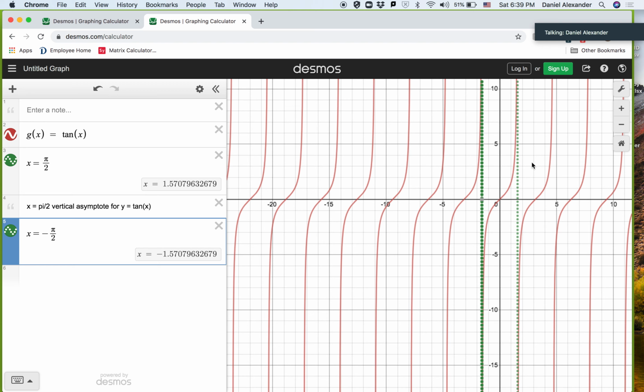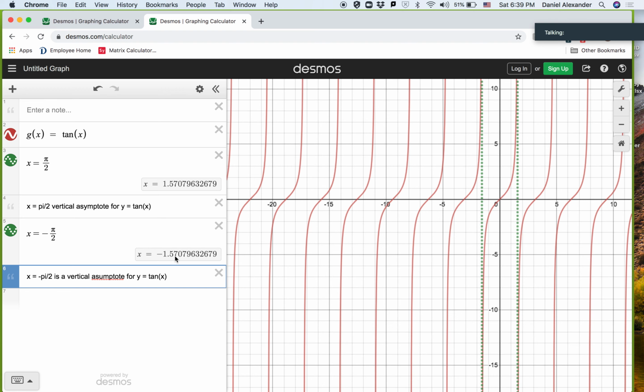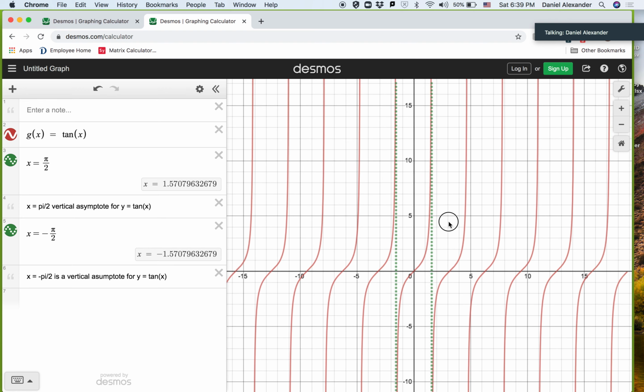And it looks like it's going to be a vertical asymptote also. So let's go here, add a comment. I'm just going to say x equals minus pi over 2 is a vertical asymptote for y equals tangent x. Okay. So let's just get this back here.